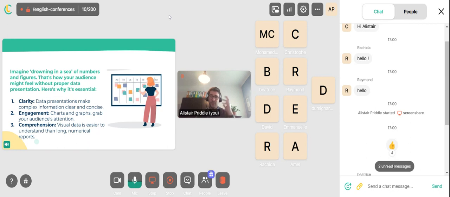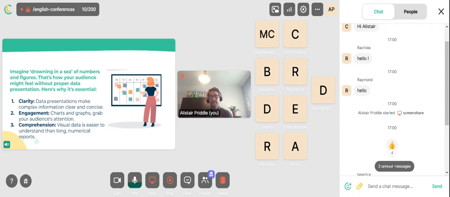Imagine drowning in a sea of numbers and figures. That's how your audience might feel without proper data presentation. Here's why it's essential.